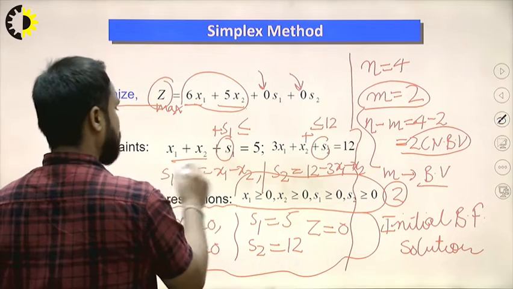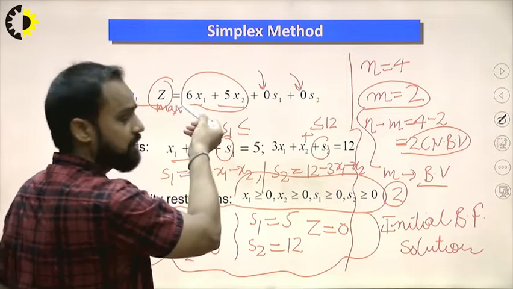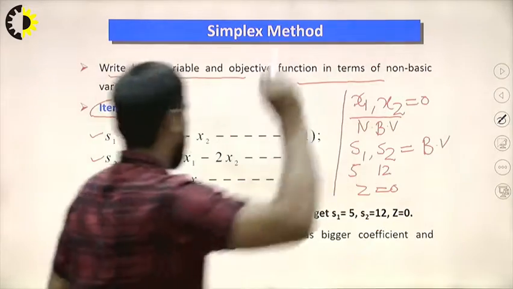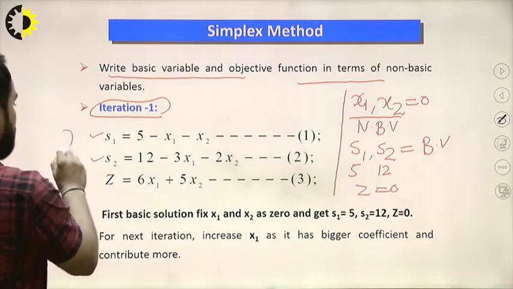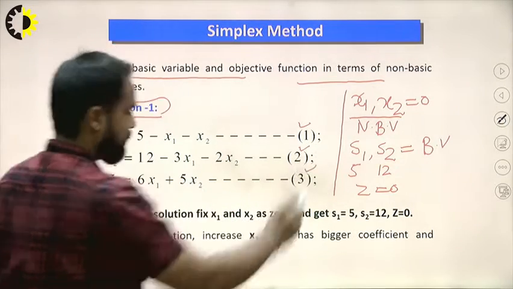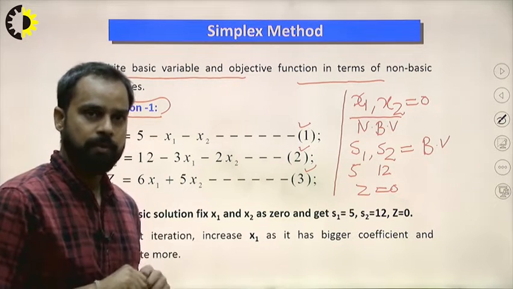And if I put s1 and s2 in the objective function, it does not have any impact, so the objective function remains the same, z is equal to 6x1 plus 5x2. That is equation number 1, equation number 2, equation number 3. I hope there is no doubt about it.